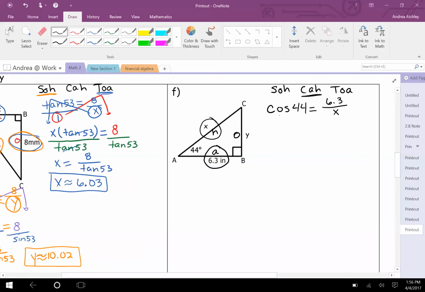We're going to put this over 1. And then cross multiply. So x times the cosine of 44, and then 1 times 6.3 is 6.3.